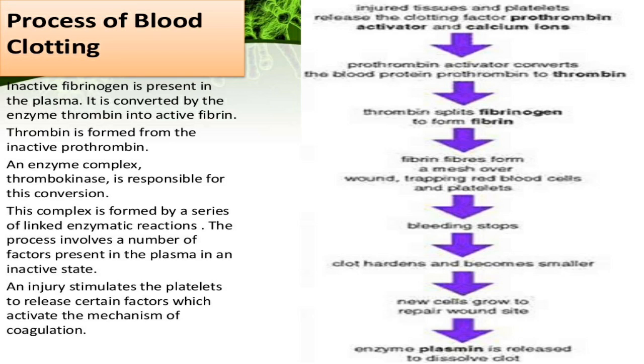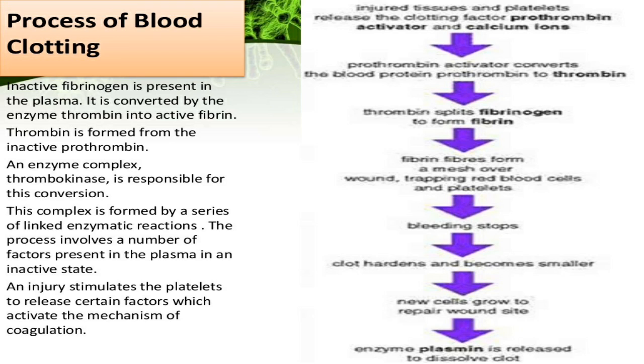See in the diagram, the different steps involved in the blood clotting. Injured tissue and platelets release the clotting factor, prothrombin activator, and calcium ions. Then prothrombin activator converts the blood protein prothrombin to thrombin.